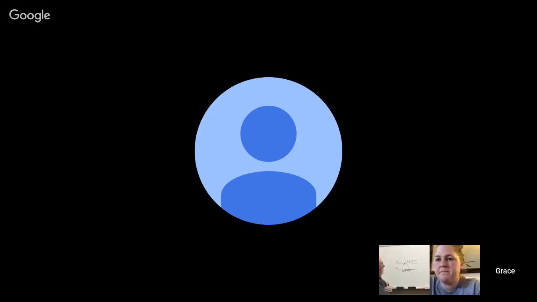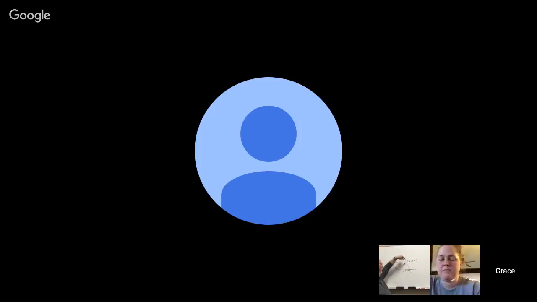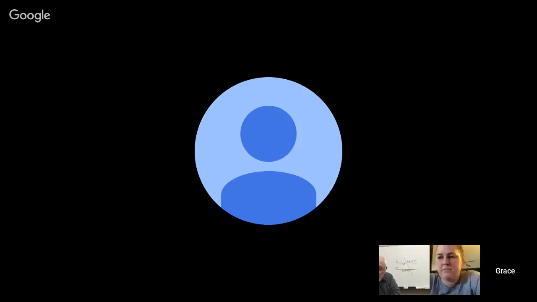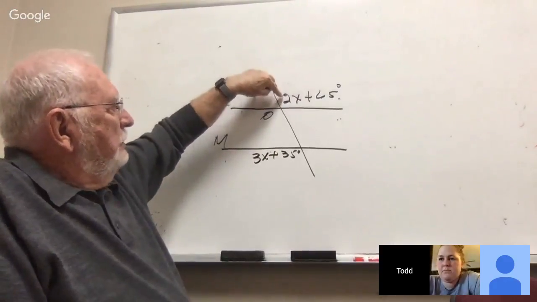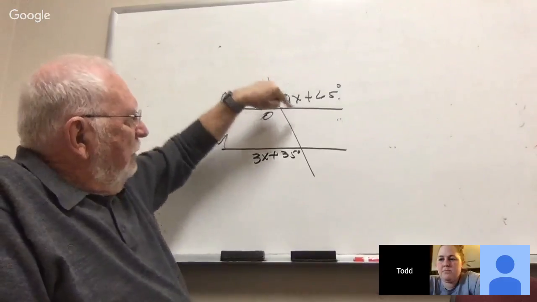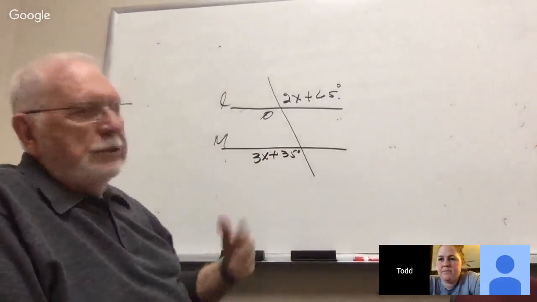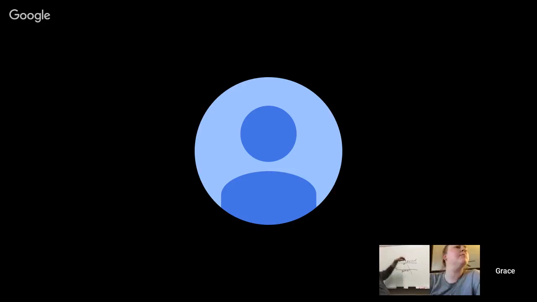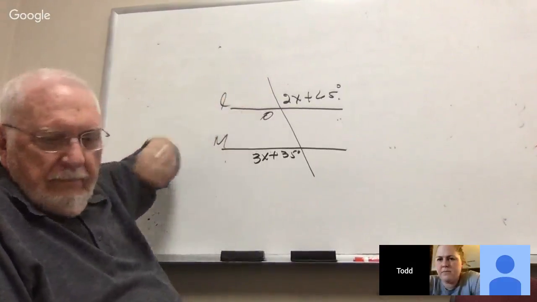Now, this angle right here is 2x plus 65. This angle down here is 3x plus 35, which you already saw a while ago. The question is, how big is this angle?